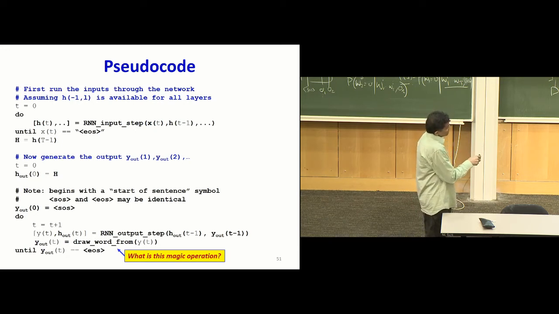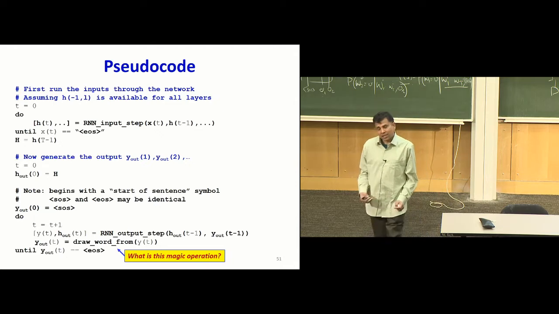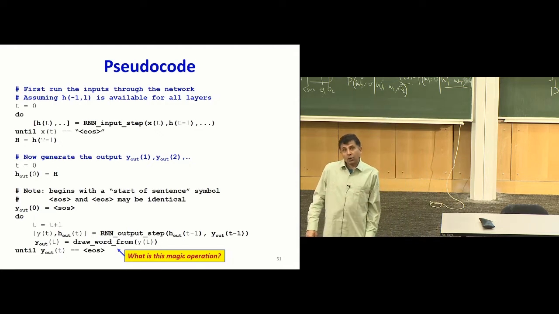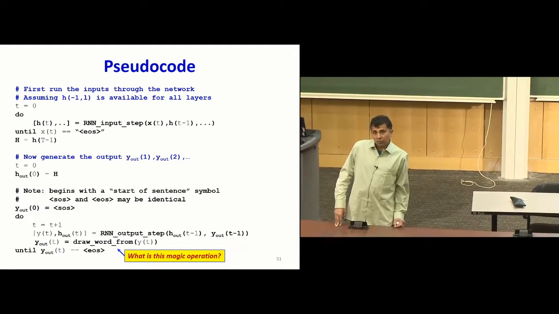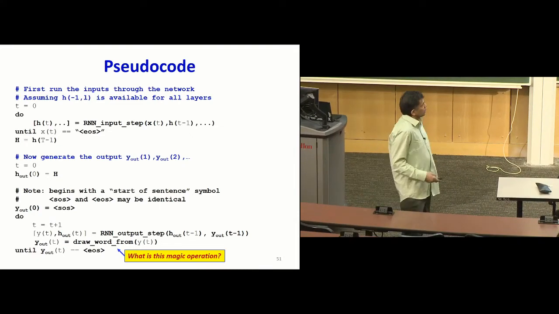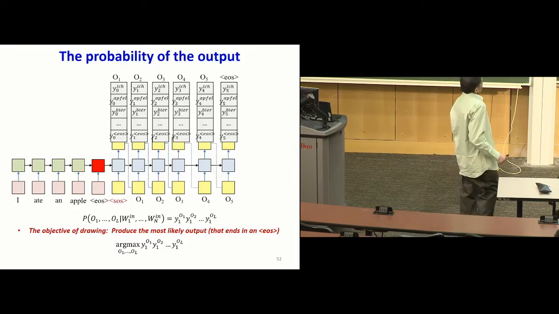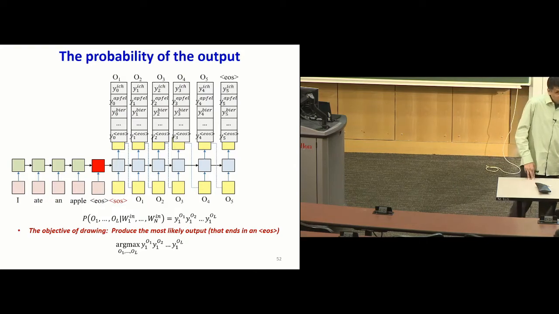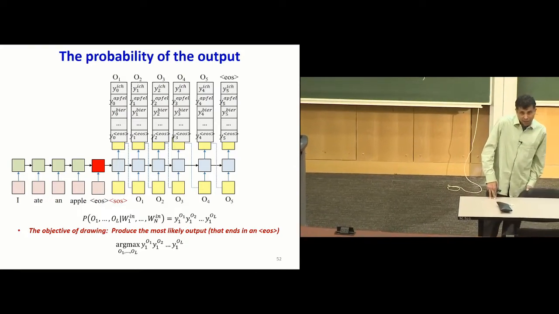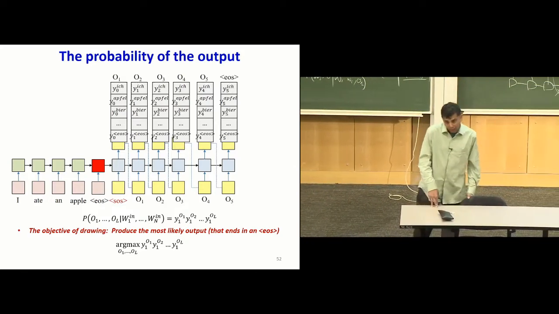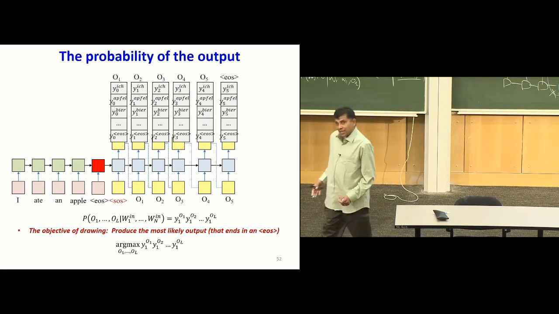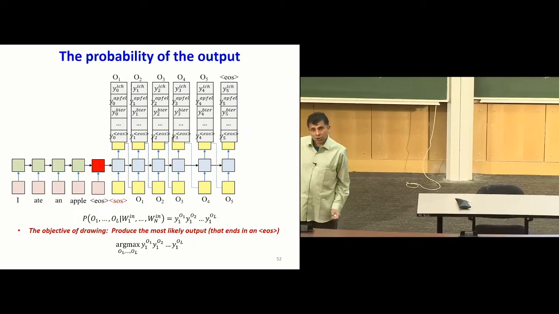Now, what is this magic business of drawing? I've just said I'm going to be drawing a word from the distribution. What do I mean by drawing a word? To figure out what we really want to do, we must go back and consider what our objective is. Our objective is to translate the input word sequence to an output word sequence.